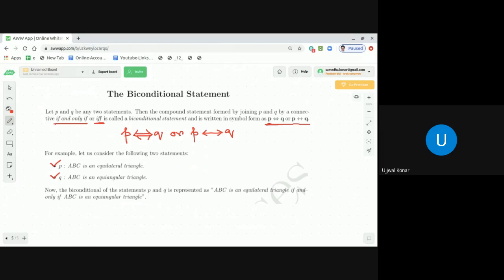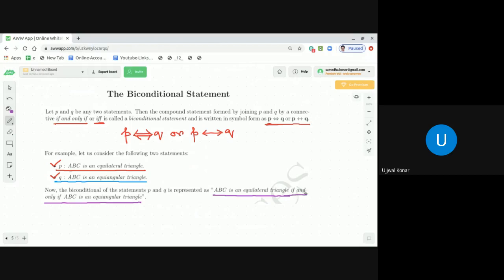Our statement P is represented by ABC is an equilateral triangle, as you see here. And what is the statement Q? Statement Q is that ABC is an equiangular triangle. Now, the biconditional of statements P and Q is represented as: ABC is an equilateral triangle if and only if ABC is an equiangular triangle.